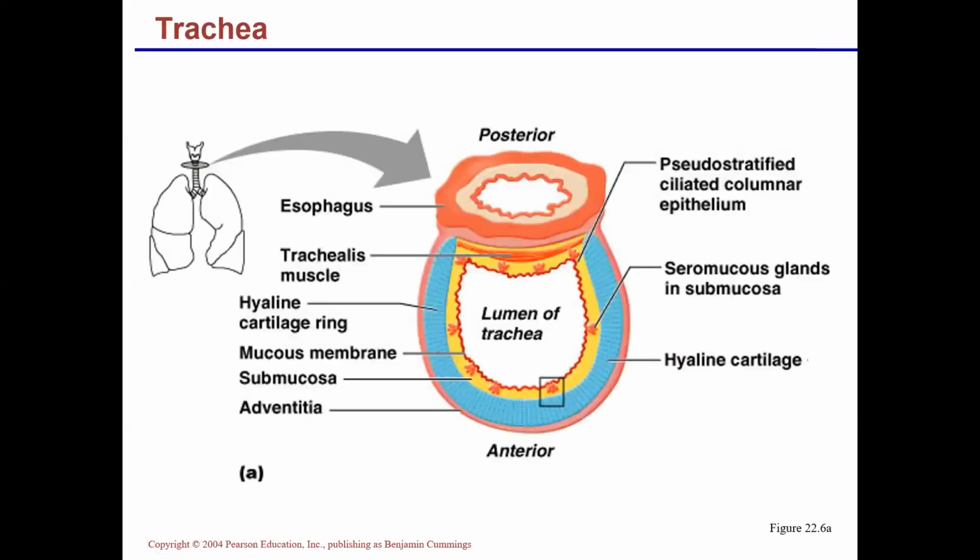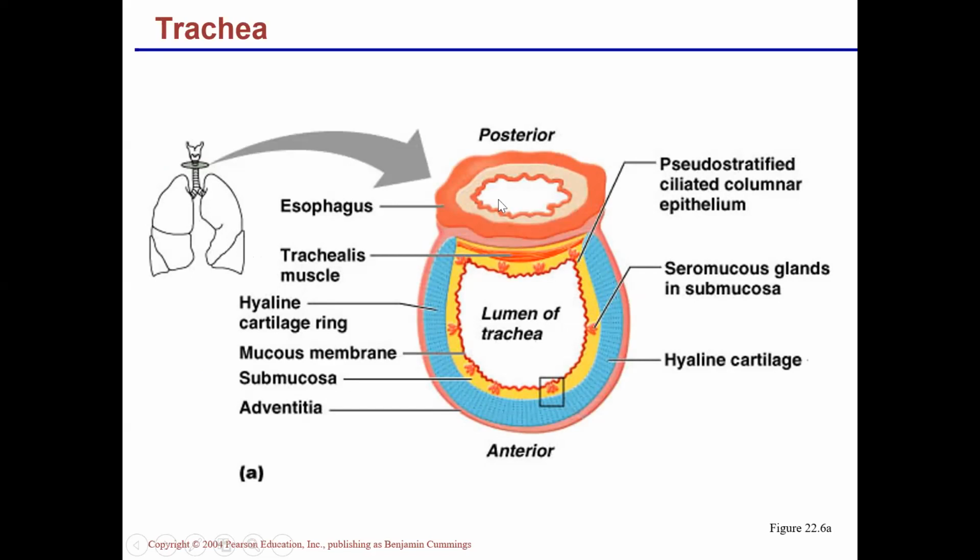If we look at this cross section, this is outside, definitely adventitia, and this blue part is the C-shaped cartilage ring, and the yellow part is the submucosa, and the red part is the mucosa lining.